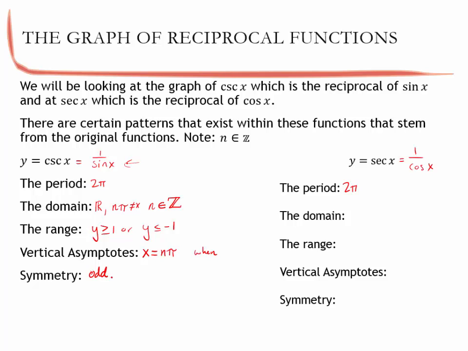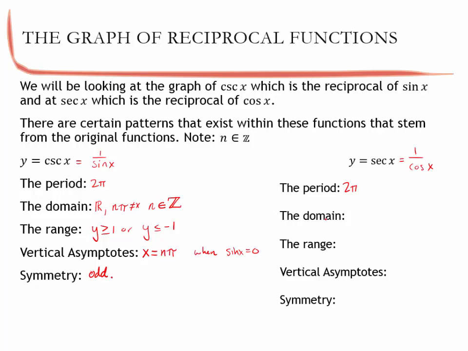Whenever sine x equals 0, we have 1 over 0. That happens whenever sine x equals 0, because sine x equals 0 at 0, pi, 2 pi, 3 pi, n pi. At all the n pi's, sine equals 0. So that's why I said that.